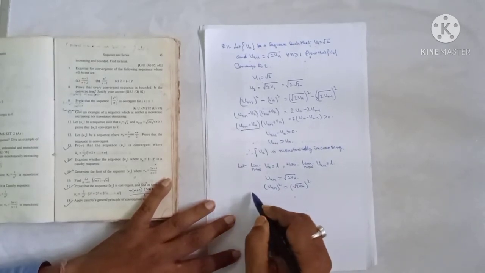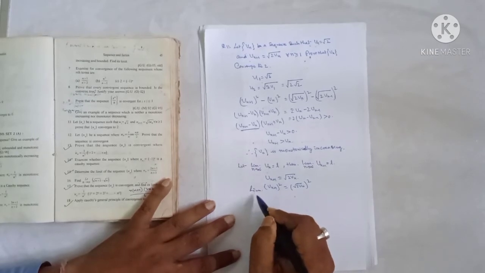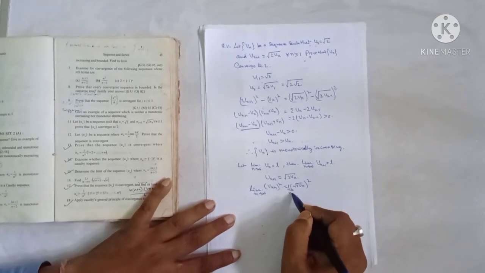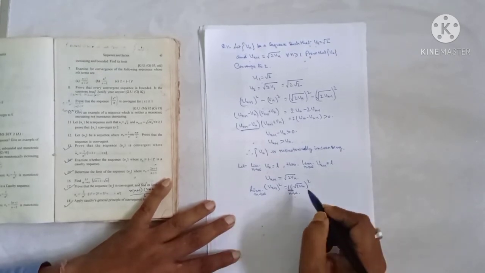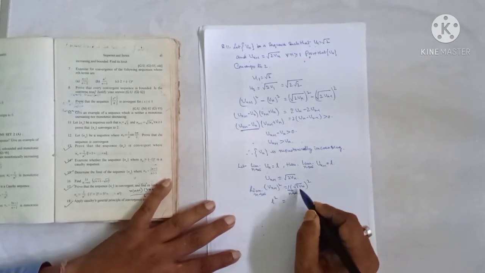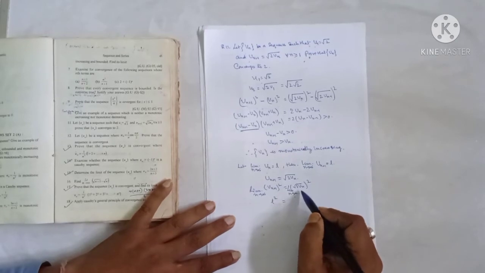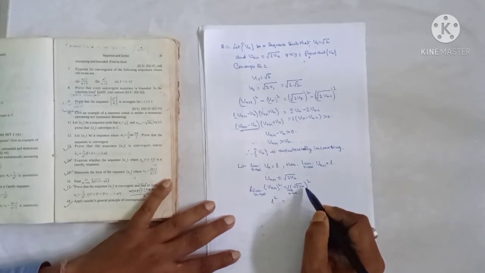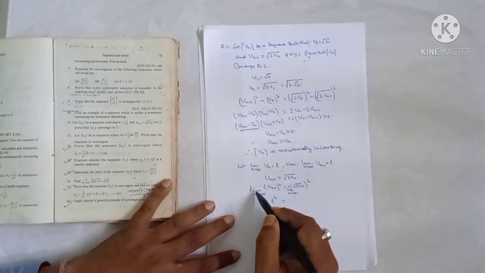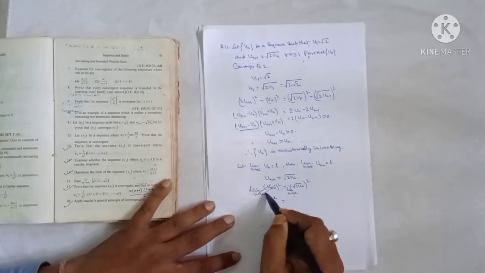Now if we take the limit, squaring both sides, let me do one thing here.